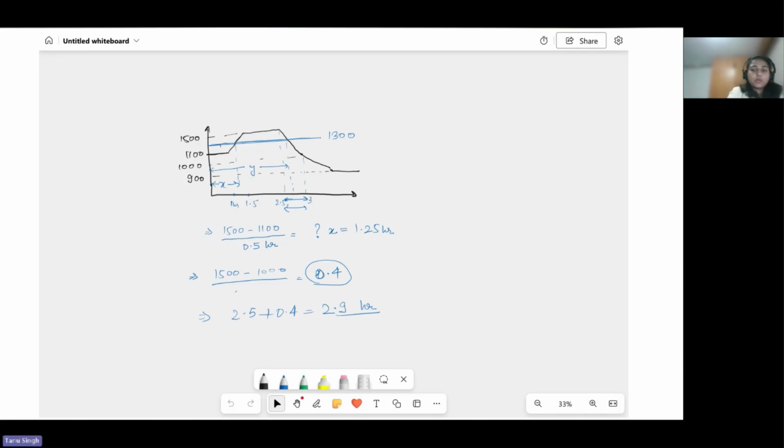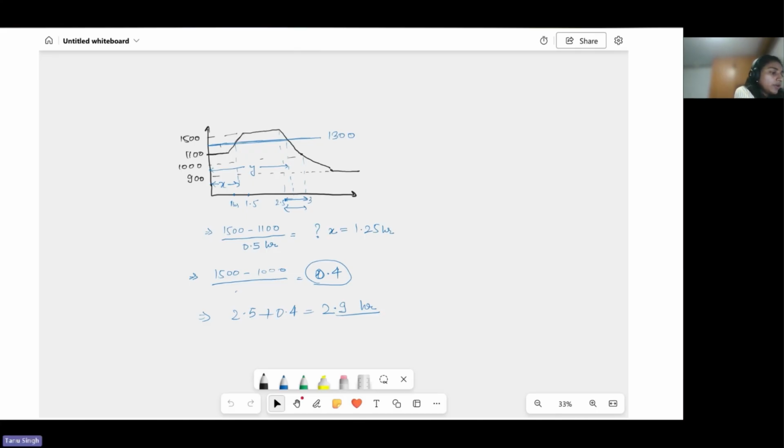In the question it is given that from 1 hour to 1.5 hours, the demand is gradually increasing from 1100 to 1500, over an interval of 0.5 hours. Solving it, we will get the value of x. Similarly, we need to find the value of y.